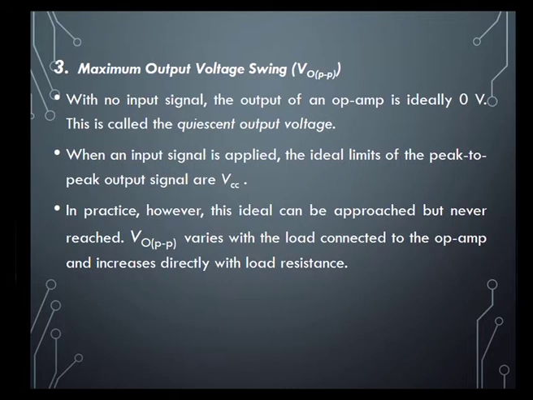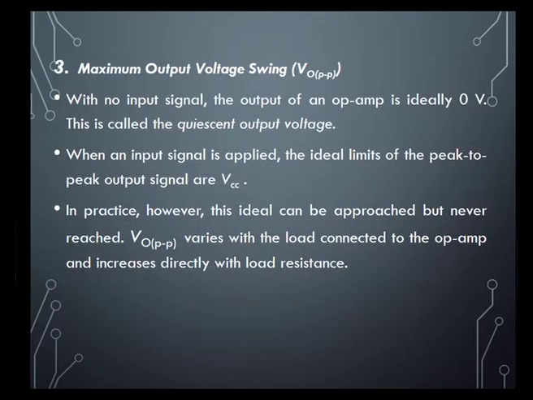So, if we apply an input signal to the op amp, we will get a peak to peak output, which we can observe at the output. In practice this ideal can be approached but never reached, because there may be slight variations due to the load connected to it, and the swing increases directly with the load resistance also.